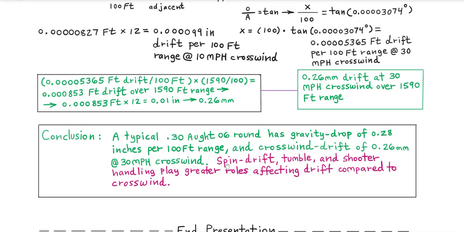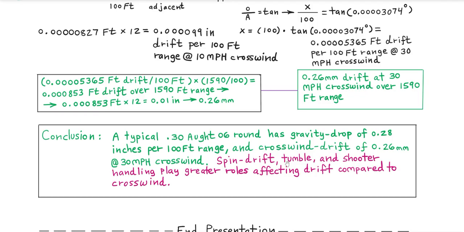And so then you also have the principle of precession and not so much torque unless there's friction with the air. So depending on what direction the spin is, you're also going to get more significant drift from the spin itself, so spin drift. And tumble is just the irregularities through the barrel.